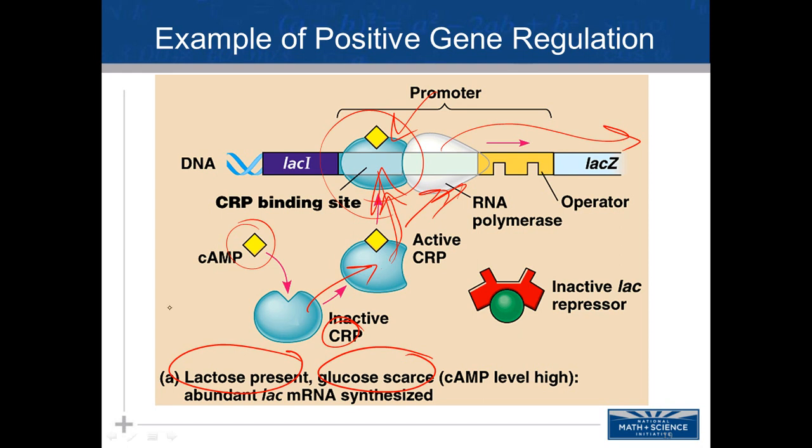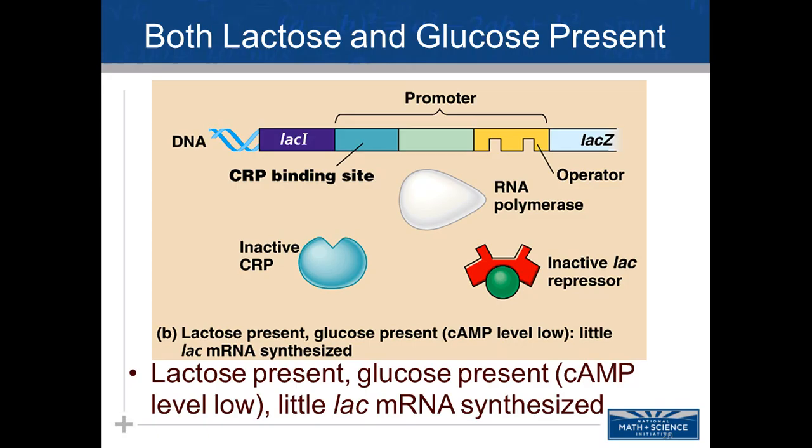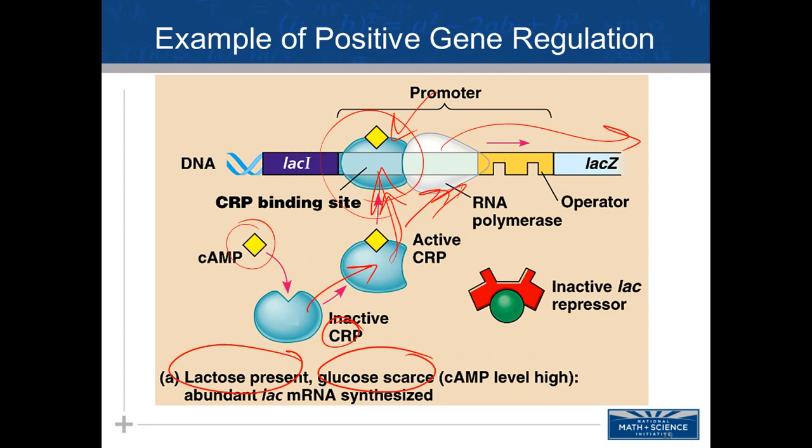Now, it turns out that, let's go back. It turns out that when lactose is present and glucose is scarce, that causes an abundance of cyclic AMP to be around. Now, cyclic AMP can attach to this CRP protein. And when it attaches to the CRP protein, it becomes active.